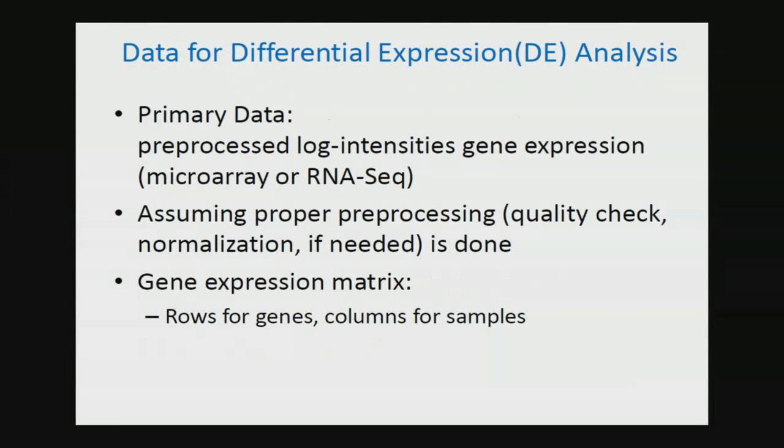We always assume this matrix is already properly pre-processed. If not, you need to normalize the expression values, transform them, and then start your analysis. Otherwise, garbage in, garbage out.